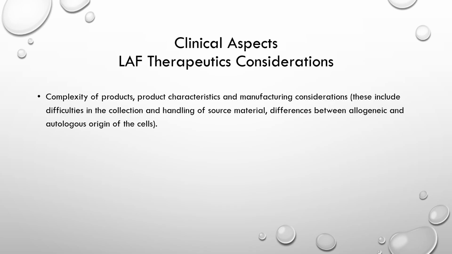There are also specific safety considerations with regards to allogeneic as well as autologous origins of cells. So these products are complex, and they all have their own specific considerations that you have to account for in your protocoled clinical trials or your clinical studies.